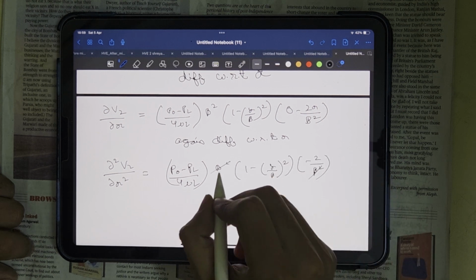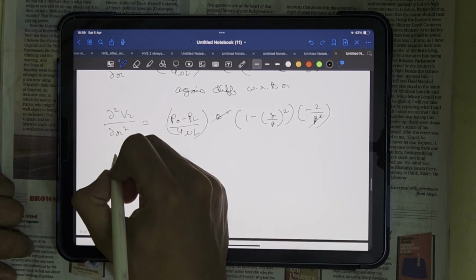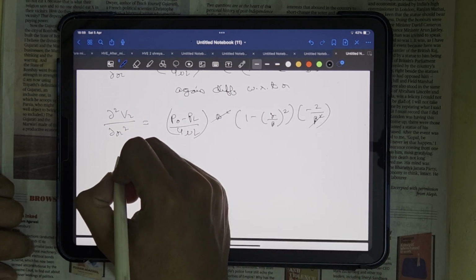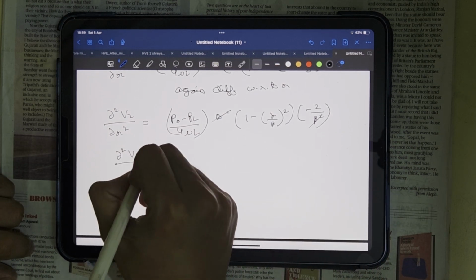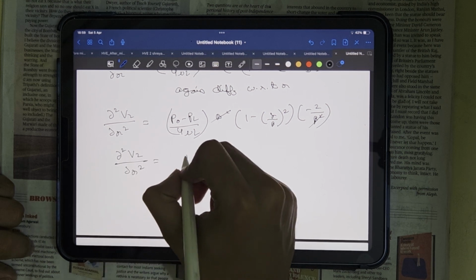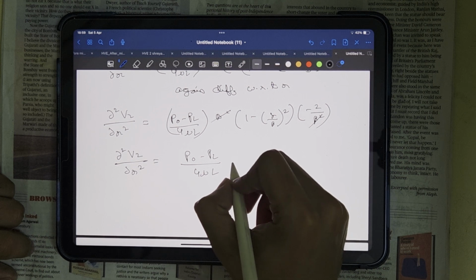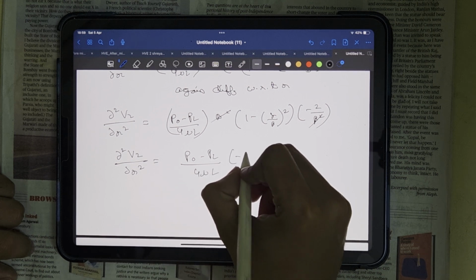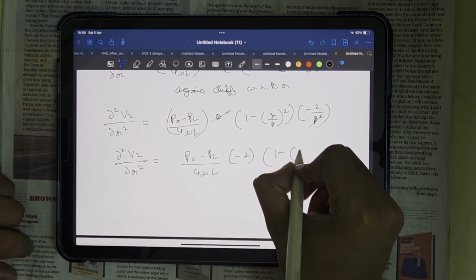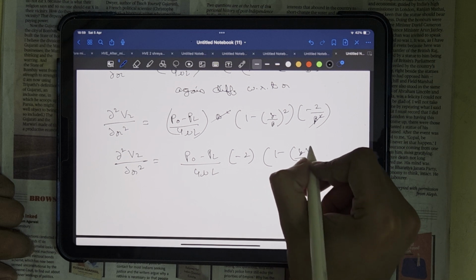So this gets cancelled. So we get dou square vz by dou x square as P0 minus PL by 4 mu L into minus 2 into 1 minus y by beta whole square.